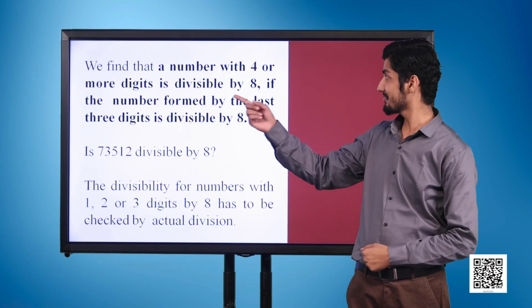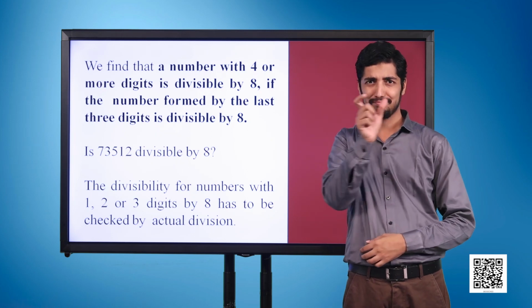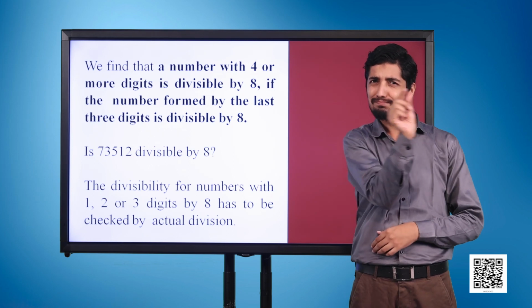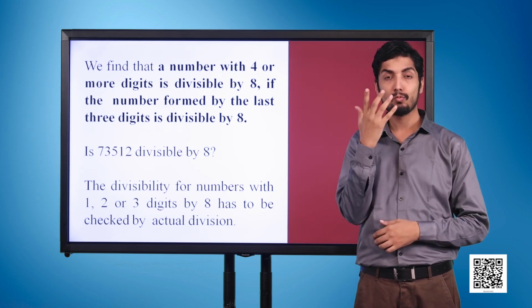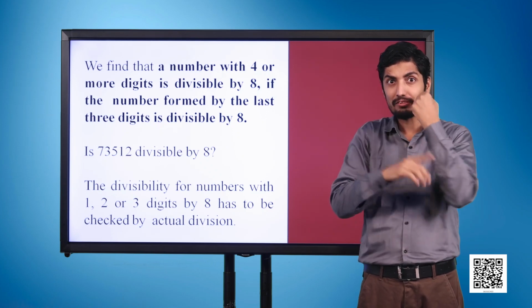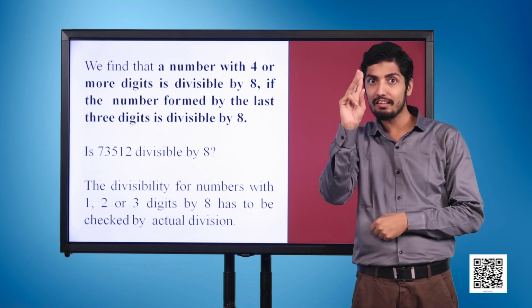We find that a number with 4 or more digits is divisible by 8 if the number formed by the last 3 digits is divisible by 8.